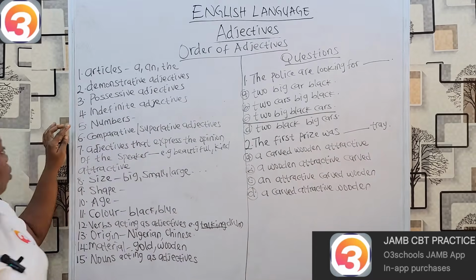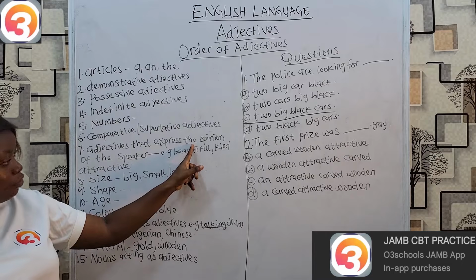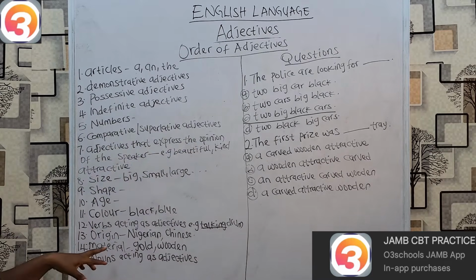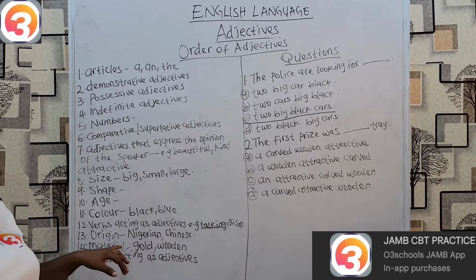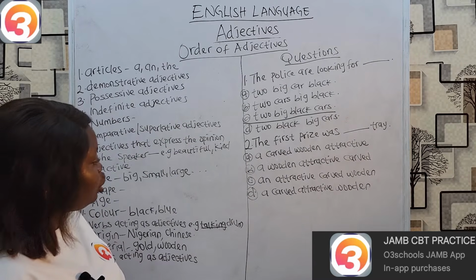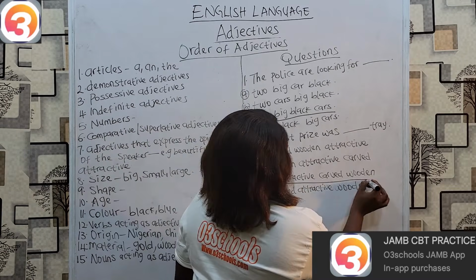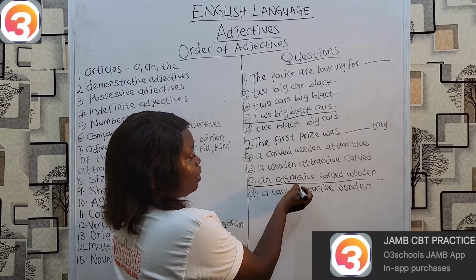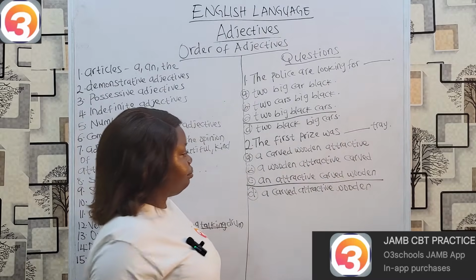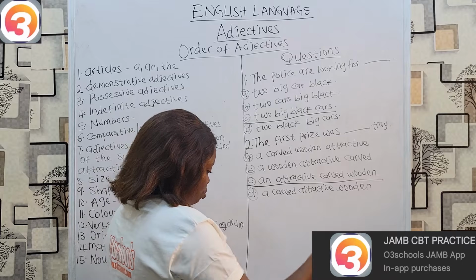So the adjectives that express the opinion of the speaker should come first. Next, we have verbs acting as adjectives before material. So our answer becomes attractive, carved, wooden. So the first prize was an attractive carved wooden tree, following the order adjectives are supposed to come.